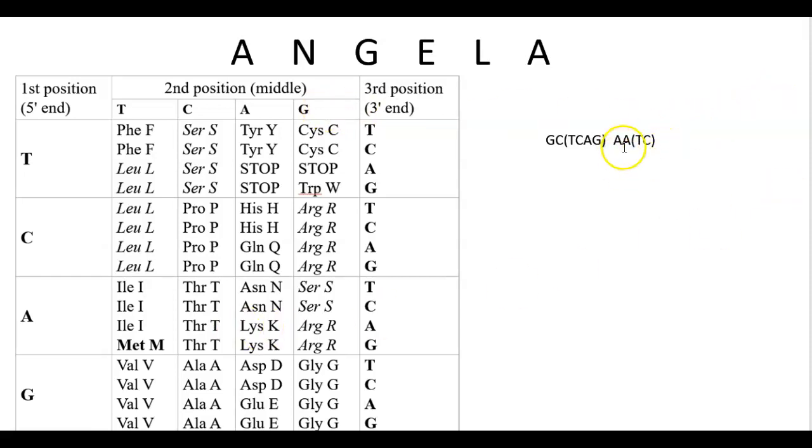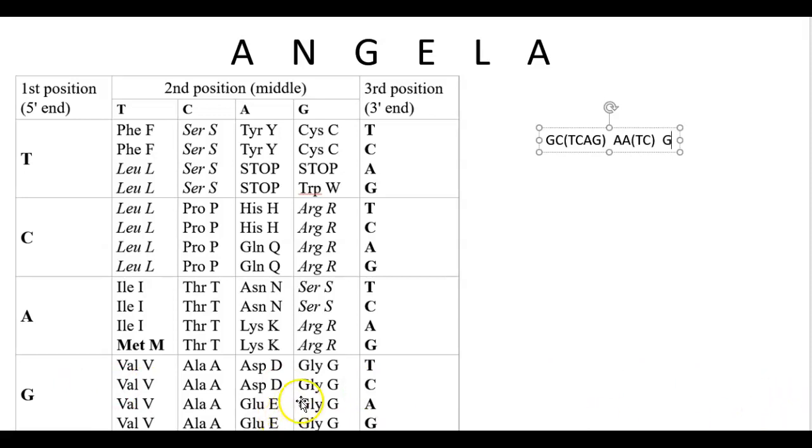Okay, now we've got our N. Let's do the next letter. So here we've got a G, and in the protein this is glycine. Where do we have glycine? We've got glycine down here, right in the bottom right-hand corner. So the first base would be a G, which stands for guanine.